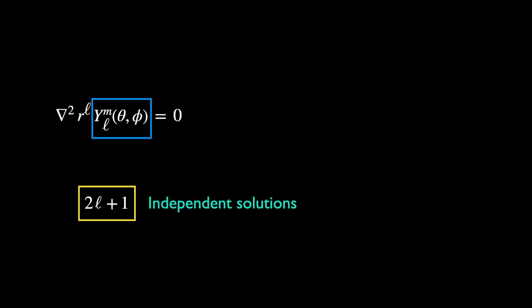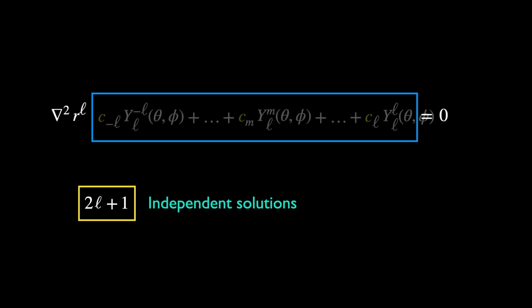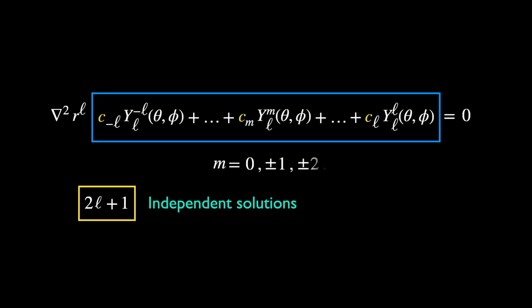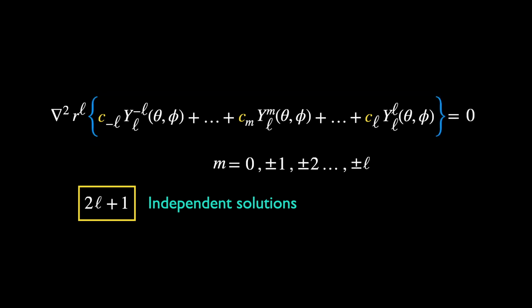More precisely, all possible linear combinations of y with the allowable values of m must satisfy the Laplace equation. The degrees of freedom that quantify all the possible solutions are given by the constant coefficients c. 2L plus 1 is therefore the number of unfixed constants.